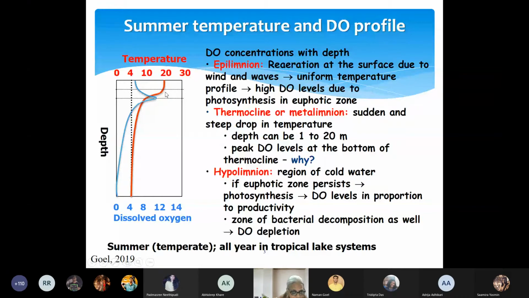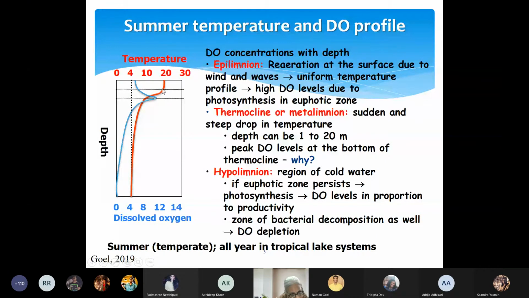Now, this first layer, let's look at the red line, which is the temperature profile. So in the top layer, which is the epilimnion, we have mixing at the top. Because we have a mixed layer, this part has a more or less uniform temperature, very little change in temperature.